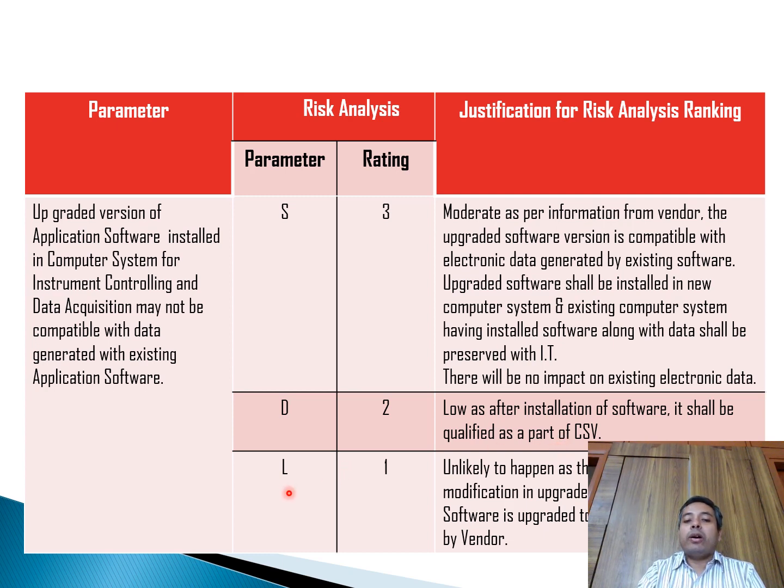Likelihood of occurrence of risk is given a score of 1, as it is unlikely to happen. Why is it unlikely to happen? As there is no major modification in the upgraded version of software based upon information given by the vendor. Software is upgraded to eliminate bugs observed by the vendor.